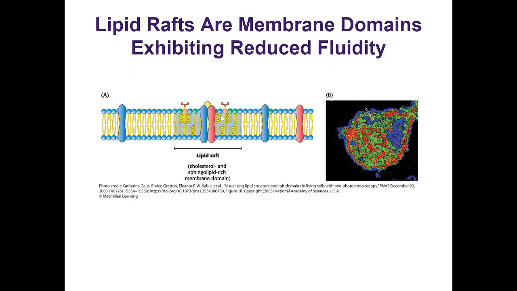Right here, we actually are seeing a lipid raft. This is a real lipid raft right here, by the way. See a little pointing and highlight. Okay. So, again, this is going to be cholesterol and sphingolipid-rich membrane domains.